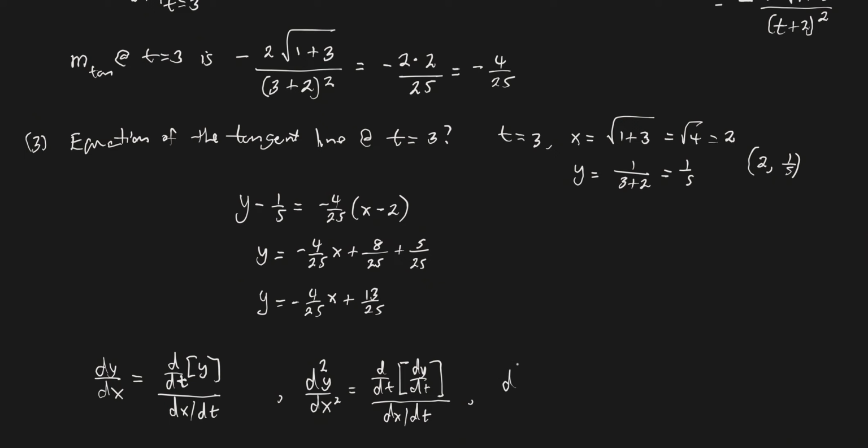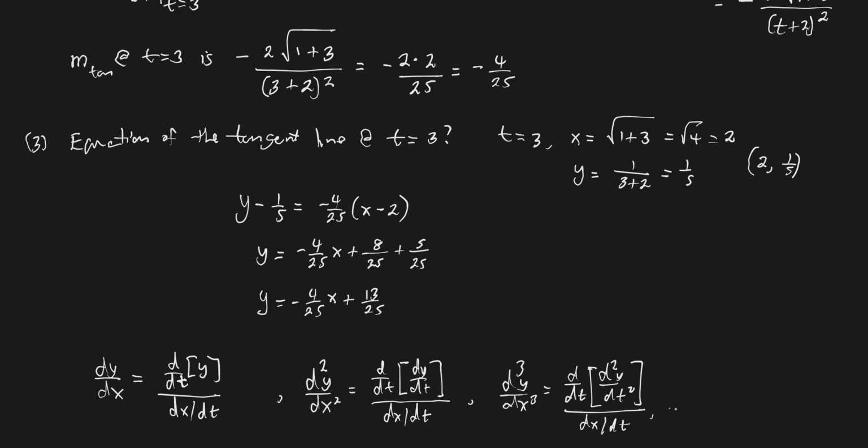Let me just write down one more expression. Let's say we wanted to find the third derivative of y with respect to x. Then the pattern would be take the derivative of the previous derivative, which would be your second derivative, and again, divide it by dx dt.